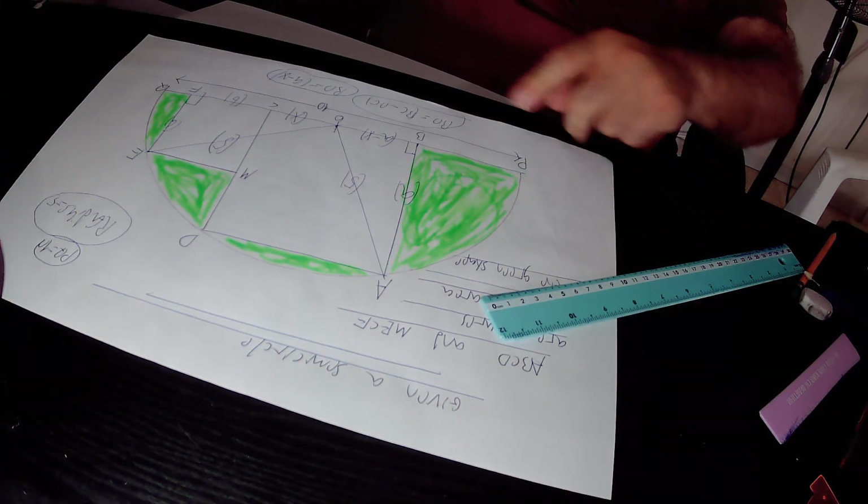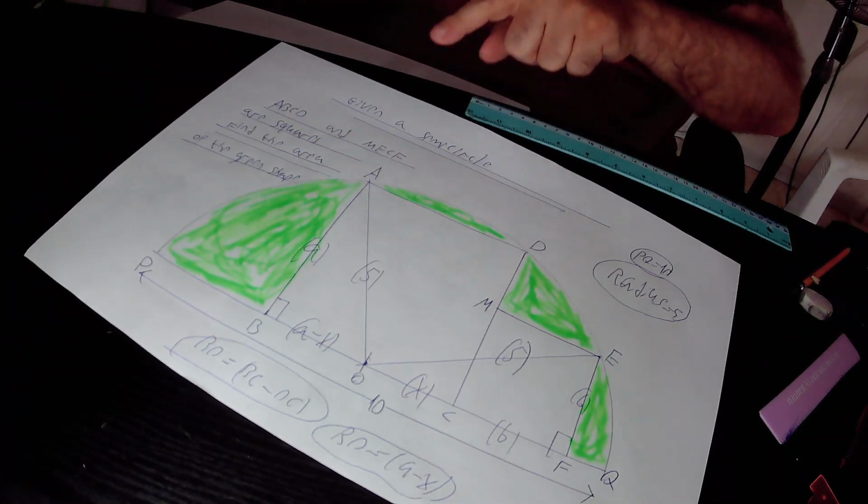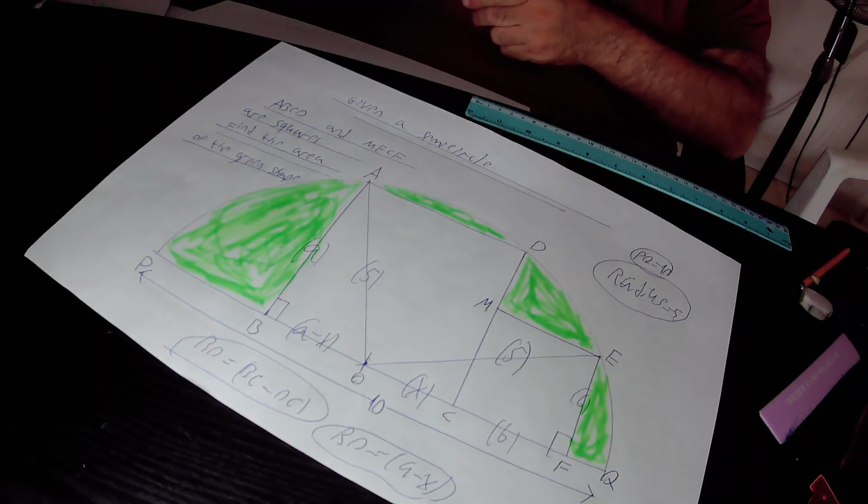Our task is to find out the area of this green shape. So again, our task is to find out the area of this green shape. So what is the area of the green shape?